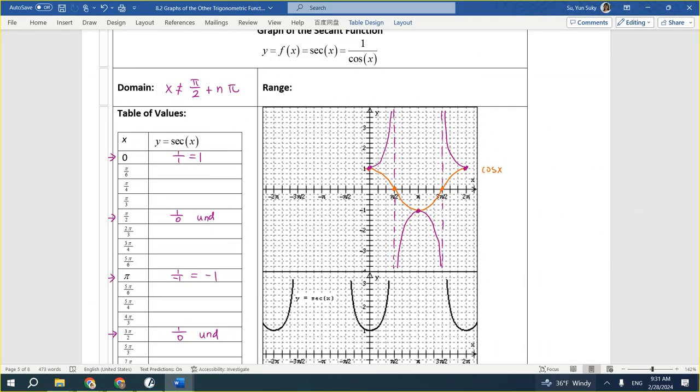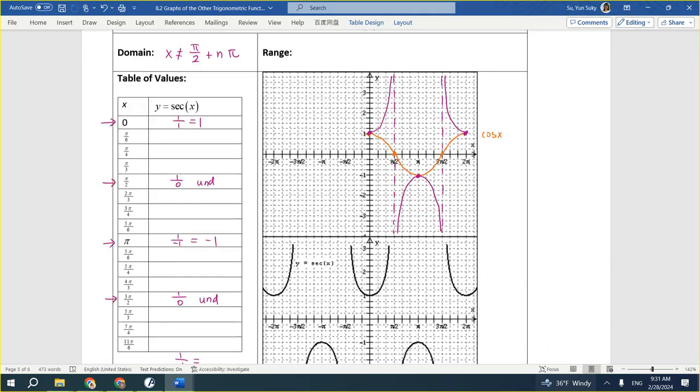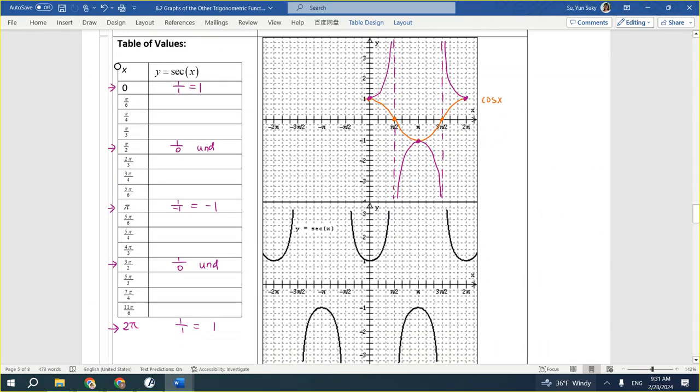N is any integer. How about the range? The purple curve, if you draw more periods, that's the purple curve. The smallest y is from minus infinity up to -1. And then you don't have any values between -1 and 1, right? And then from 1 to infinity.